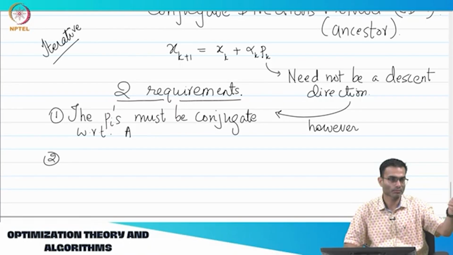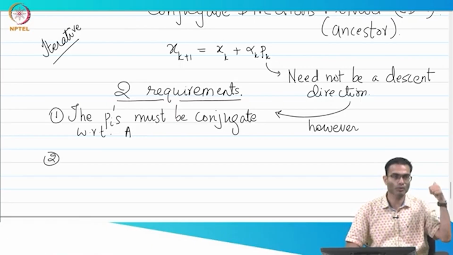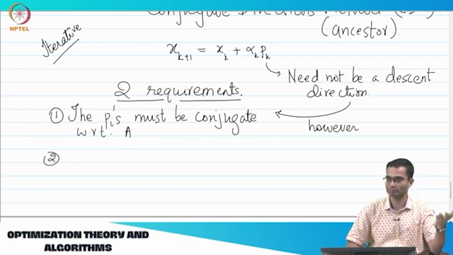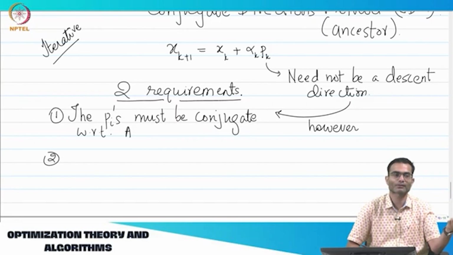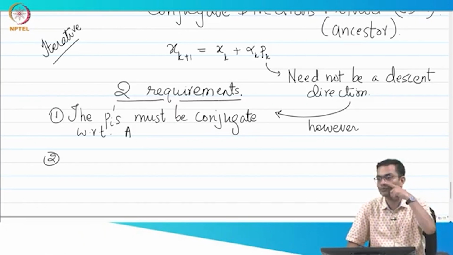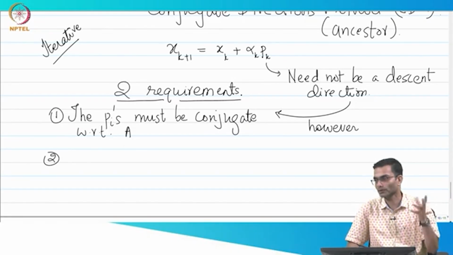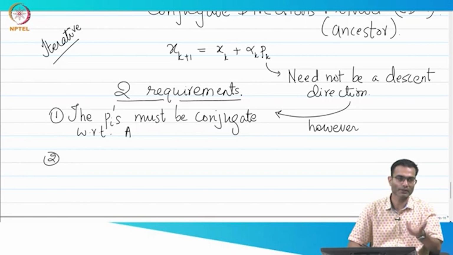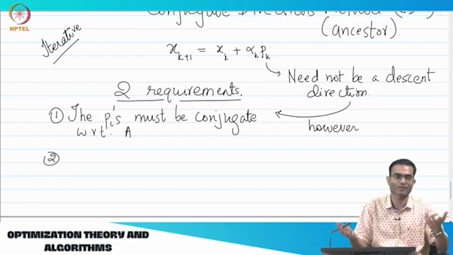If I'm at the kth step and I want to reach xk plus 1, what direction am I going along? pk, right? If I'm at k and I want to go to k plus 1, I have to go in the direction pk and a length alpha k. Because my cost function is quadratic, I can do simple calculus, find the exact step length required to reach there. So I can get a closed form expression for alpha k. And it's common sense to use exact when exact is available, right? So that's the requirement, it's more like common sense.